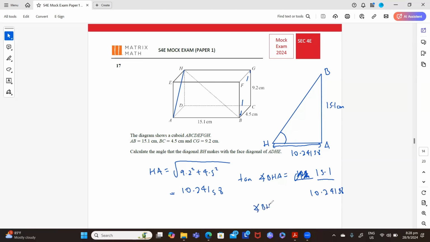So angle BHA equals tangent inverse of this fraction. That should give you 55.85. So it's 55.9 degrees.